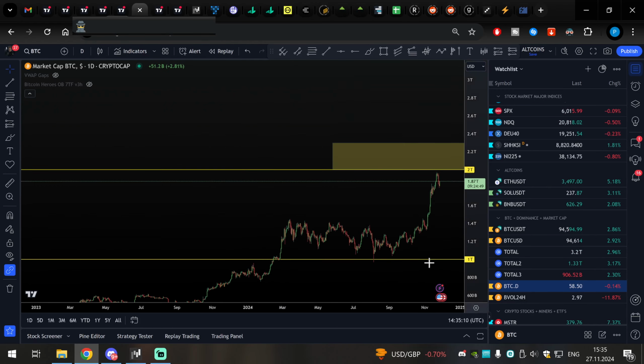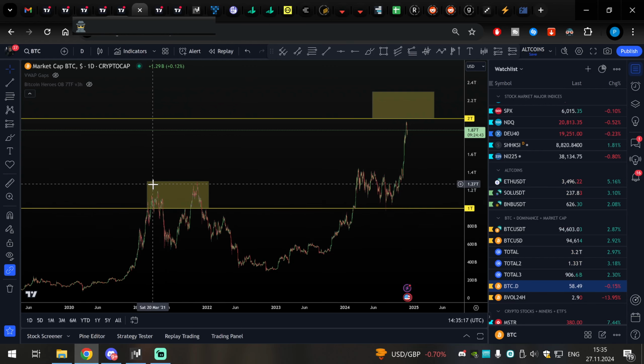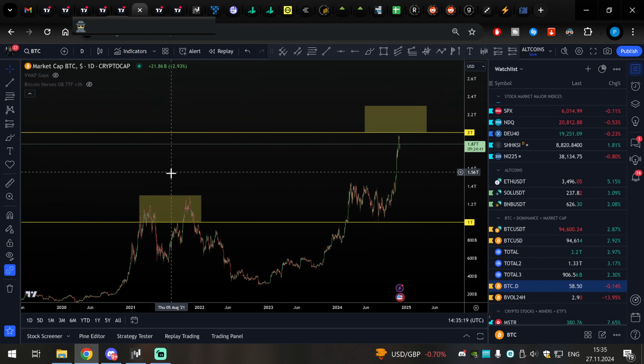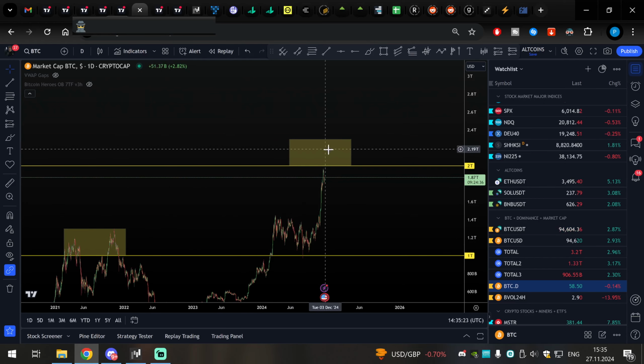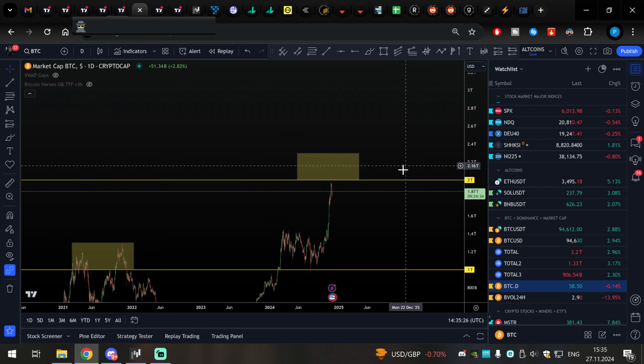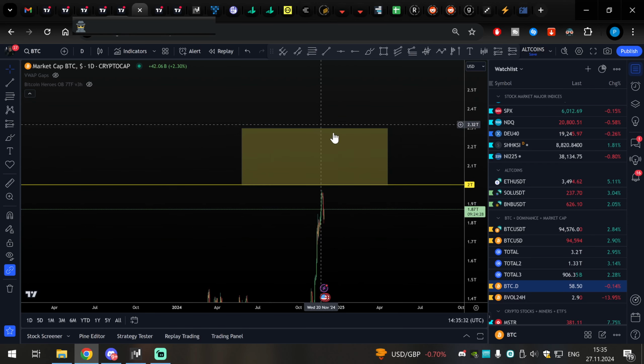That's another thing I'm watching on Bitcoin. Last time we reclaimed 1 trillion, we went 300 billion extra. So I literally copied the same box and slapped it on 2 trillion. And I will be looking for the market to actually top out in this box and then give us a higher pullback.